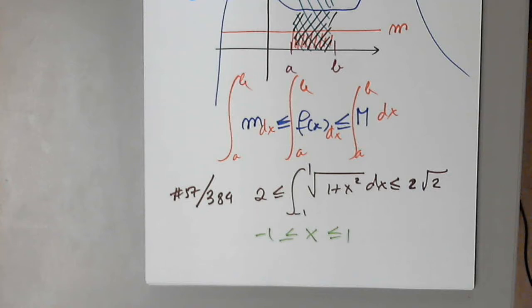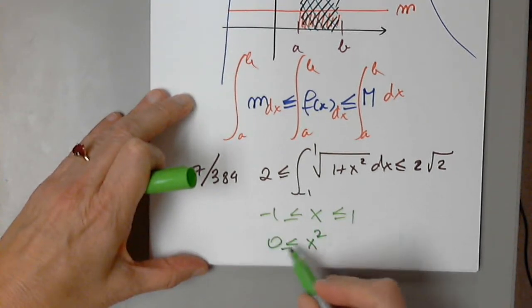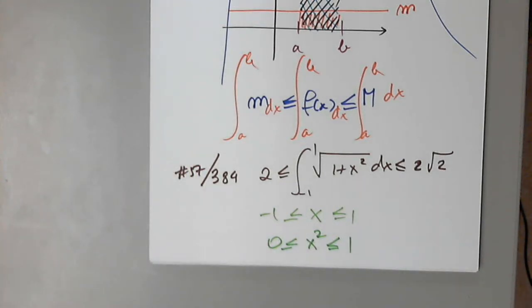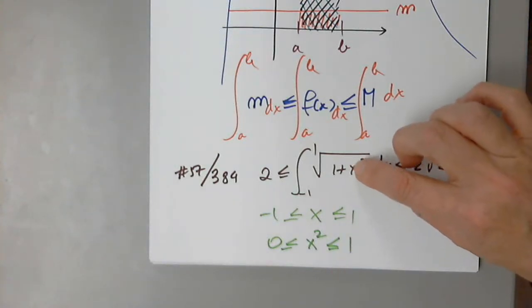Right. Clear? So then x squared, not in general, but for any number between -1 and 1, when I square those numbers, x squared must be between 0 and 1. Would you agree? Yes? Okay, so then, for now, I built x squared.